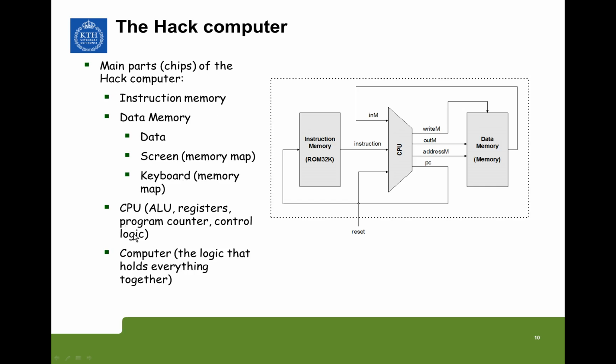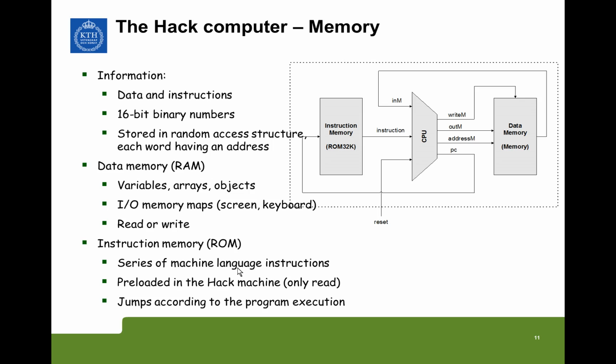Then we will have our central processing unit, including the arithmetic unit, registers, program counter, and the control logic that makes all these parts work together. Okay, and then from all this we build our computer. So let's look at the parts of the computer one by one. Let's look at the memory first.